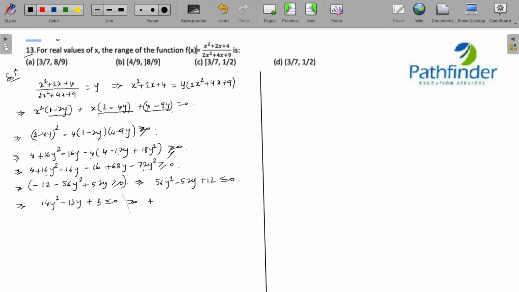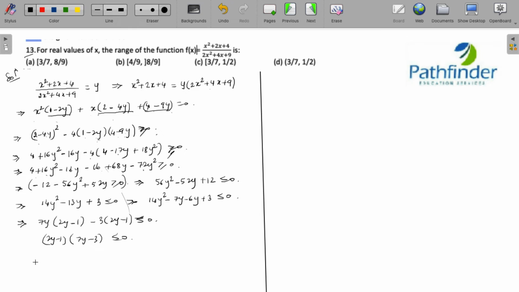Which gives us 14y square minus 7y minus 6y plus 3 is less than or equal to 0. What does it mean? 7y into (2y minus 1) minus 3 into (2y minus 1) is less than or equal to 0, and so we have (2y minus 1) and (7y minus 3) is less than or equal to 0.